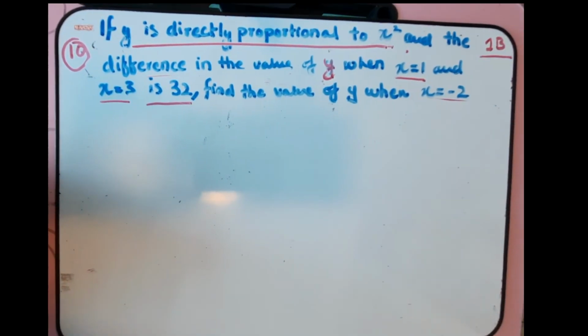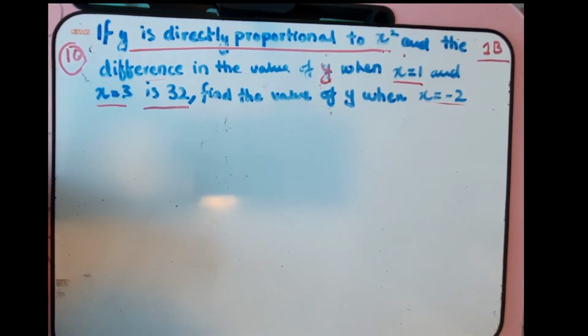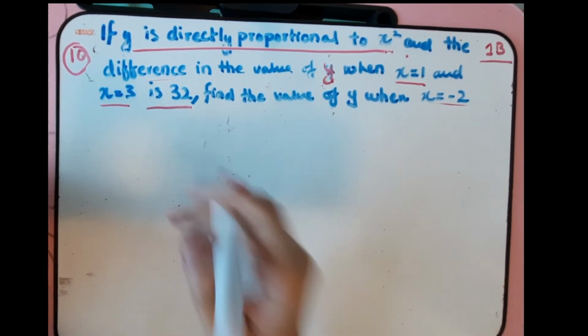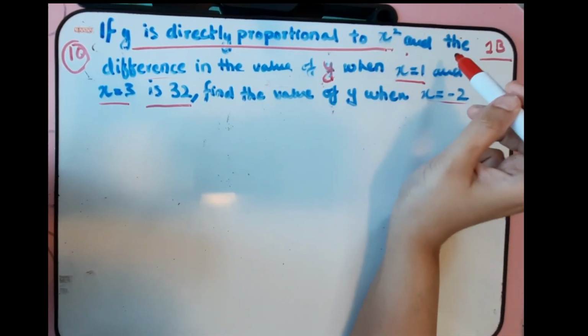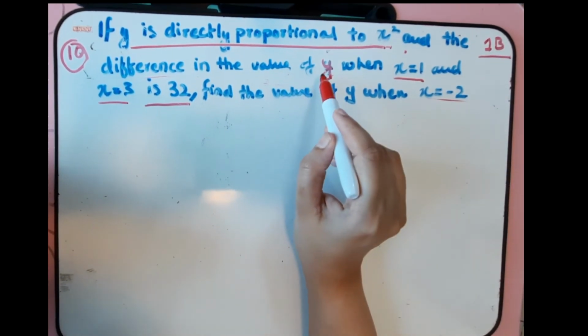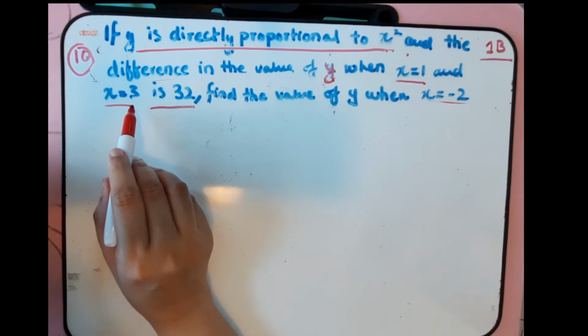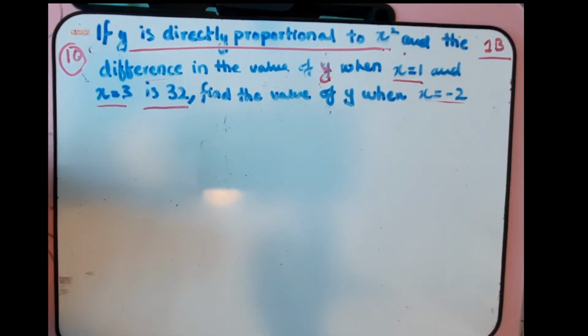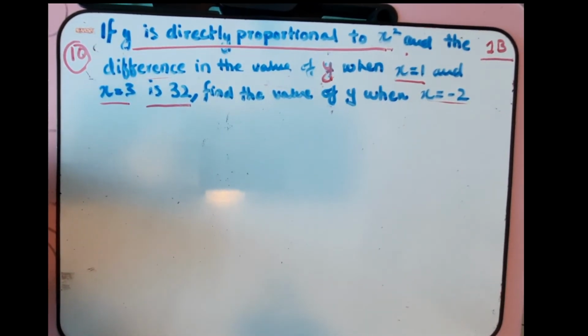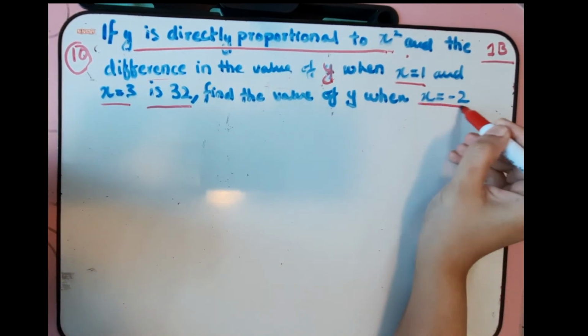Question number 10, Exercise 1b. If y is directly proportional to x square and the difference in the value of y when x is equals to 1 and x is equals to 3 is 32, find the value of y when x is equals to minus 2.